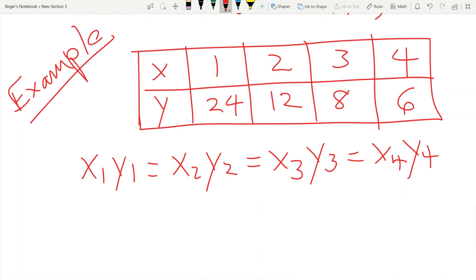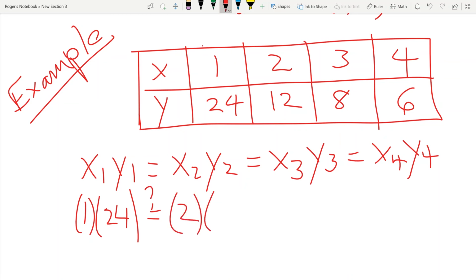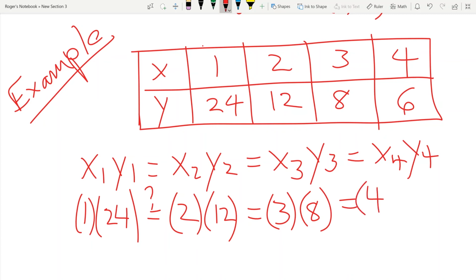Well, let's check it out. 1 times 24, is that going to be equal to 2 times 12? And will that be equal to 3 times 8? And is that equal to 4 times 6? And I think you can see that in each case, these are all equal to 24. So the answer is yes. They are all equal, okay?